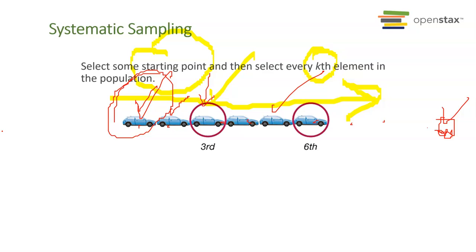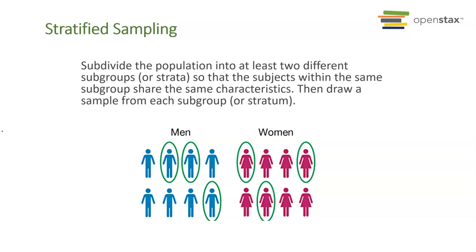Sometimes we want to divide it up. And so if you're talking about groups, you're talking about either a stratified sample or a cluster. What a stratified does is it breaks that sample that you want to look at, your population, into at least 2 different groups. So you could say men and women. If you're talking about like a high school, you can say freshmen, sophomores, juniors, seniors, right? Something like that.